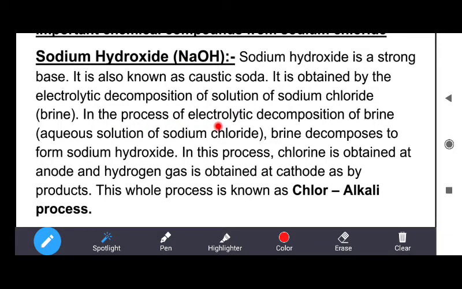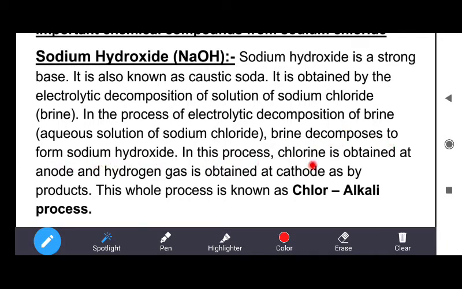In this process, electrolytic decomposition of brine, the aqueous solution of sodium chloride, takes place, in which brine decomposes to form sodium hydroxide.